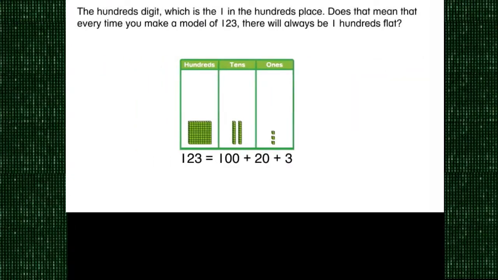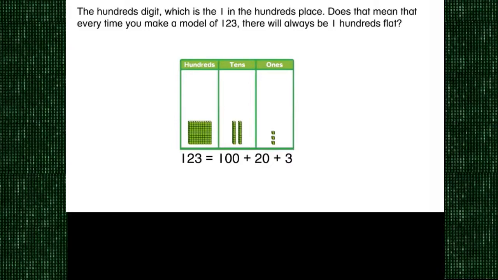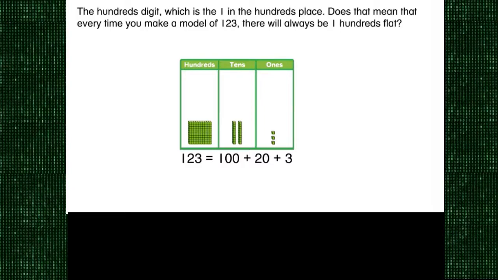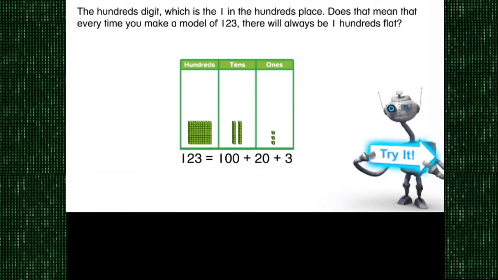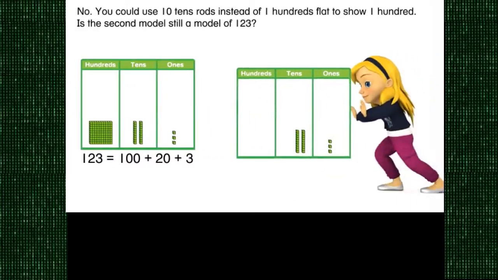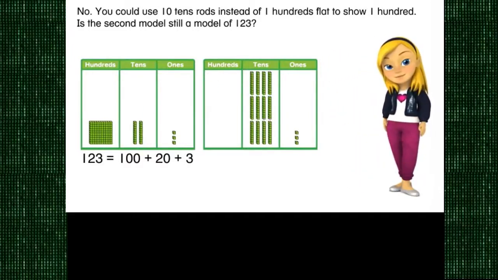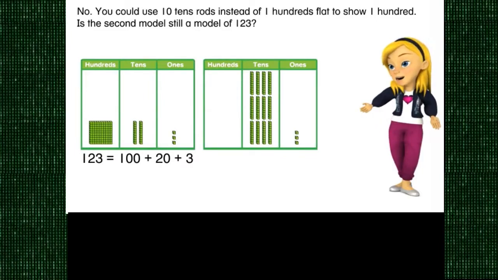The hundreds digit, which is the 1 in the hundreds place. Does that mean that every time you make a model of 123, there will always be 1 hundreds flat? No. You could use 10 tens rods instead of 1 hundreds flat to show 100.